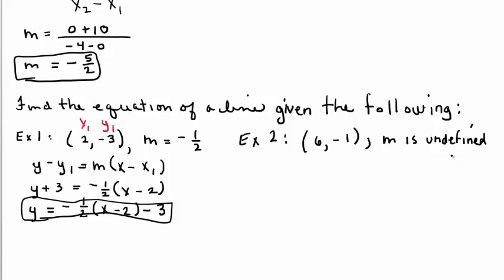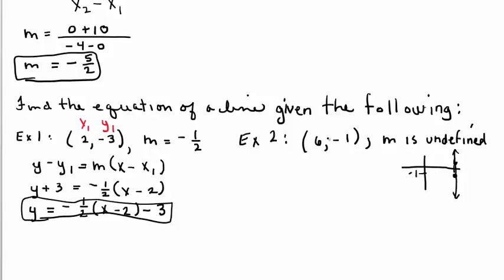Look what the slope is. It's undefined. If I did a real quick visual of 6, -1, here's 6, and here's -1. If the slope is undefined, we know that we're going to have to draw a vertical line.